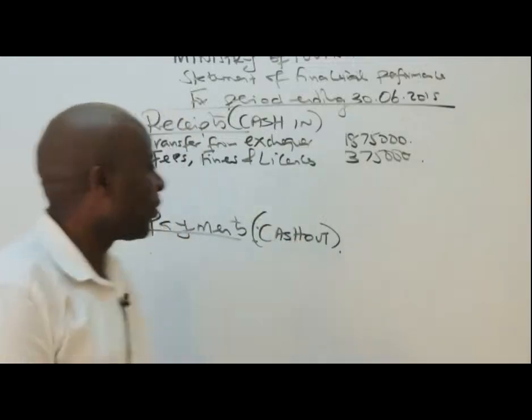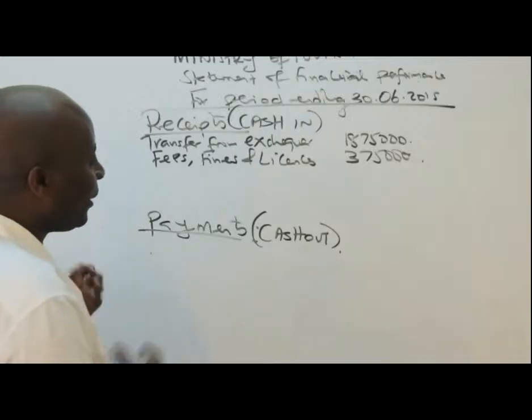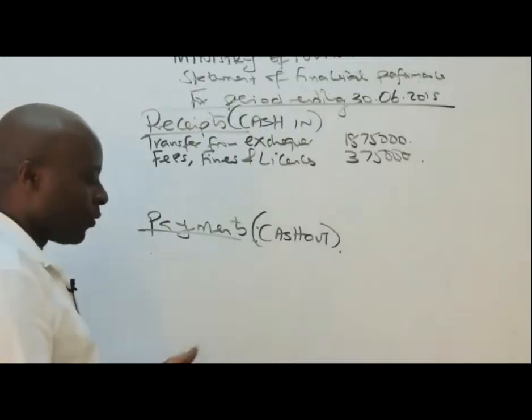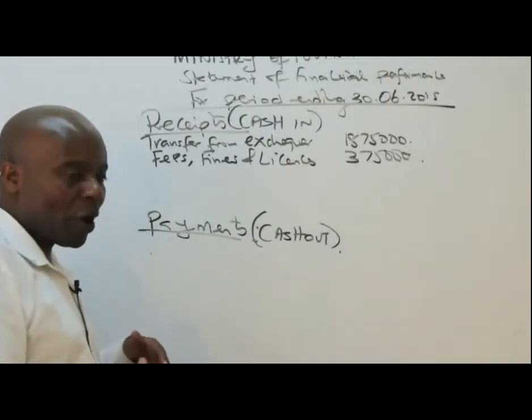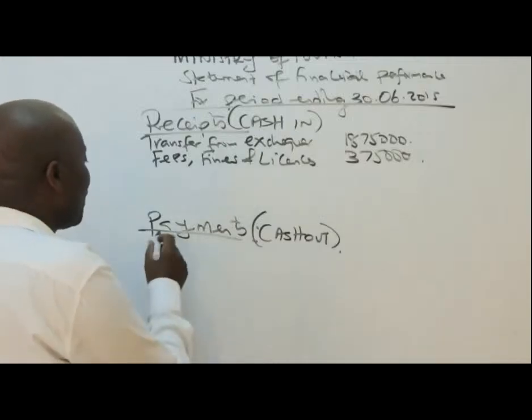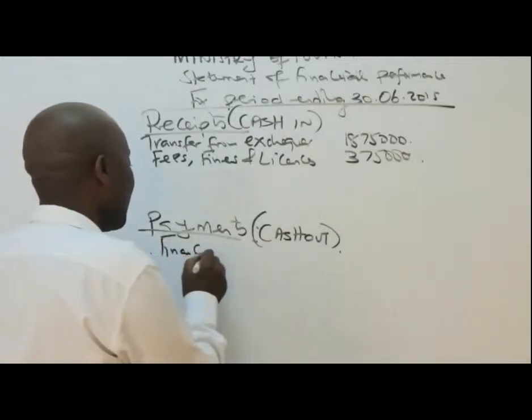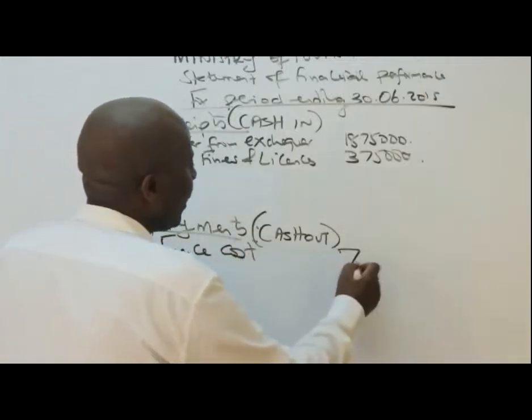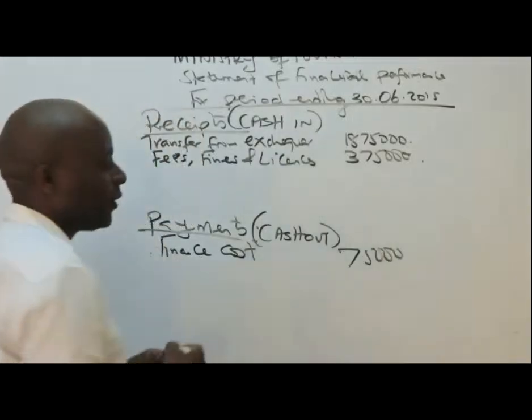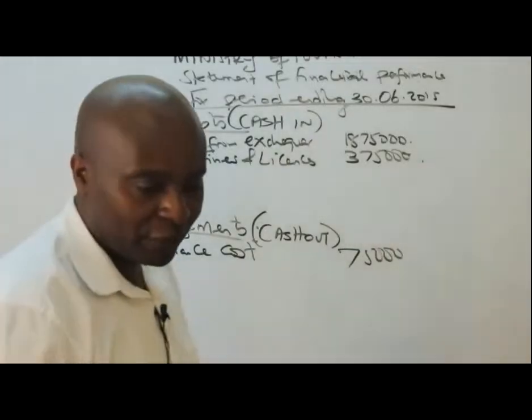Great, because it's the government that borrowed. They borrowed from the Chinese government and now they're required to pay. It's finance cost, so finance cost is a payment. How much? It is 75,000.